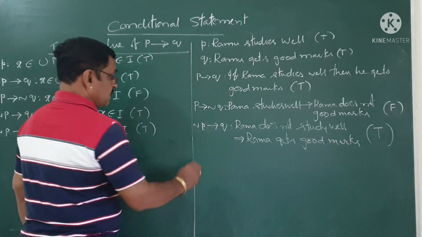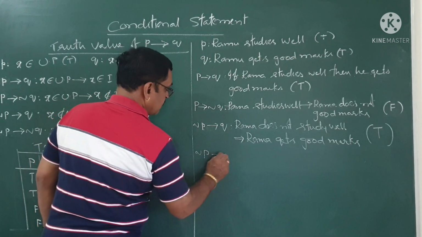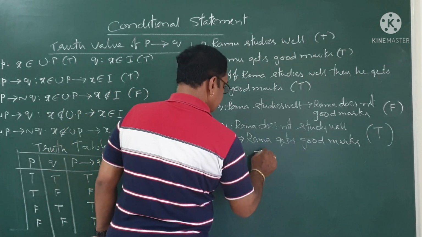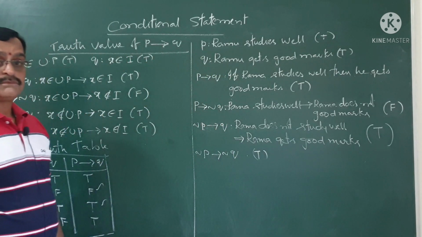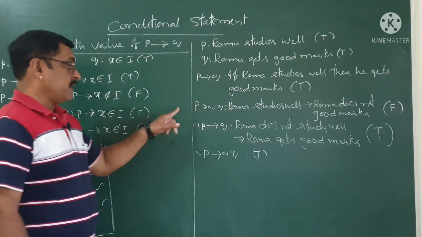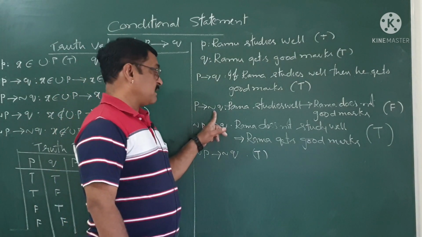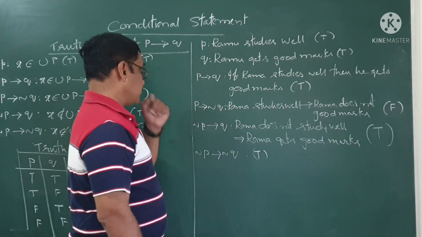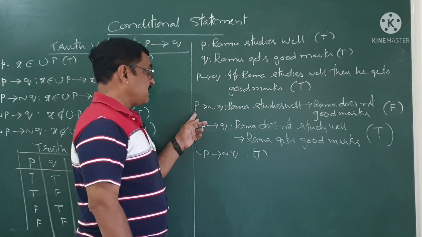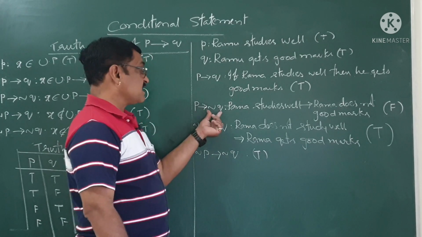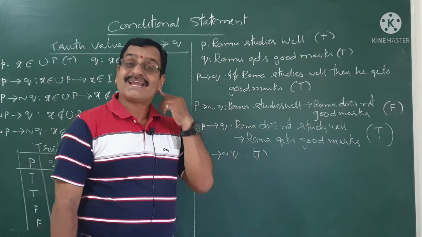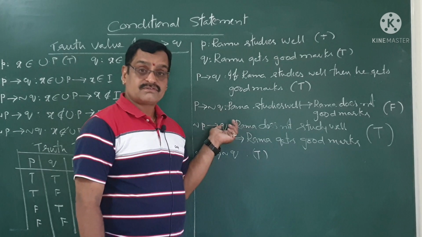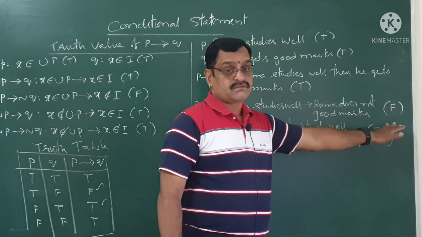And finally, negation of P implies negation of Q. Automatically, this is true. So again, I want to tell you, a true statement cannot imply a false statement. Even though the antecedent is true, the consequent cannot be false. So the statement is false.